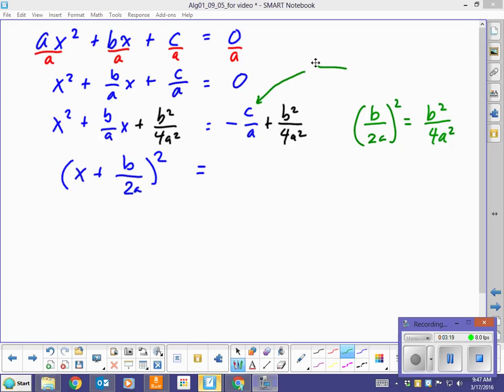So negative c over a, I want to multiply by what? 4a, right? 4a times a will give me 4a squared. So this becomes 4a squared, and then up here I multiply by 4a. So this becomes 4ac.